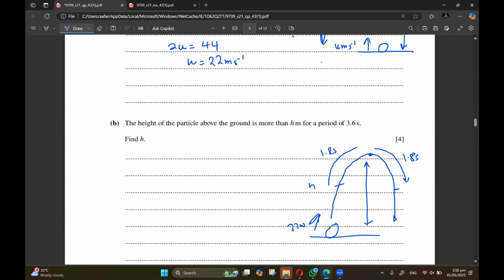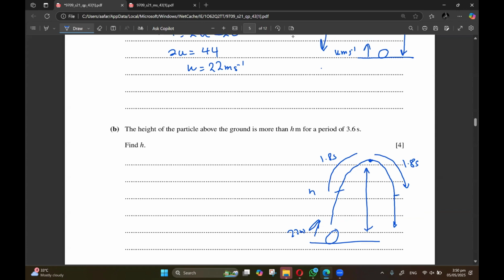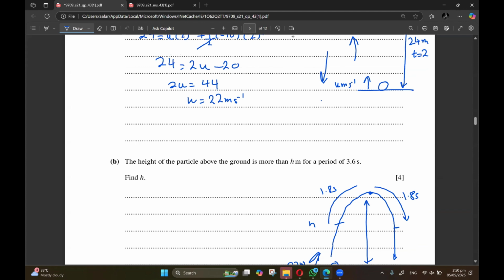Then we can substitute that into the equation of motion. So v is equal to u plus at. The final velocity is 0, initial velocity is 22, and our acceleration is negative 10, so 10t is 22, so t is equal to 2.2.